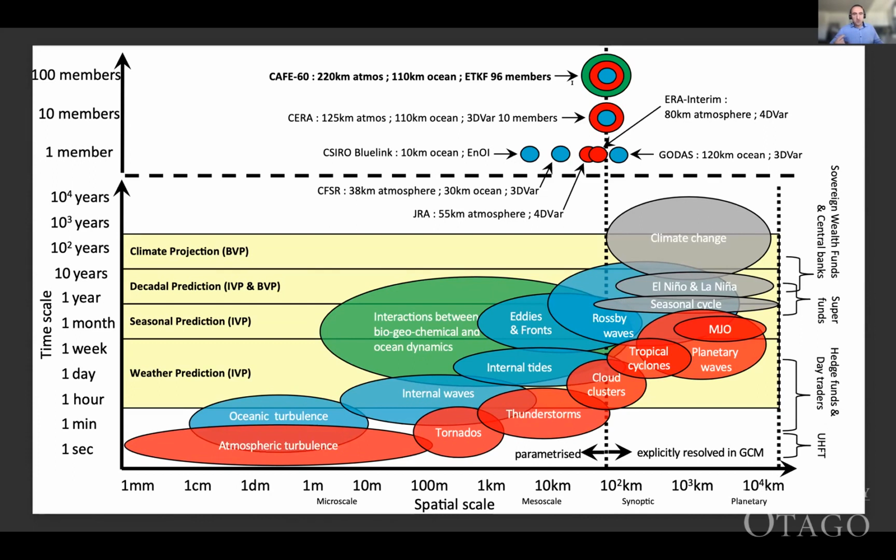Another distinguishing feature is how many ensemble members they have. What I mean by that is, on a given day, how many possible realizations of the Earth have they generated? These ones down the bottom here only have one. This reanalysis has 10. Our climate reanalysis has 96. So in that way, it's objectively the best estimate of climate uncertainty and variability available at the moment.